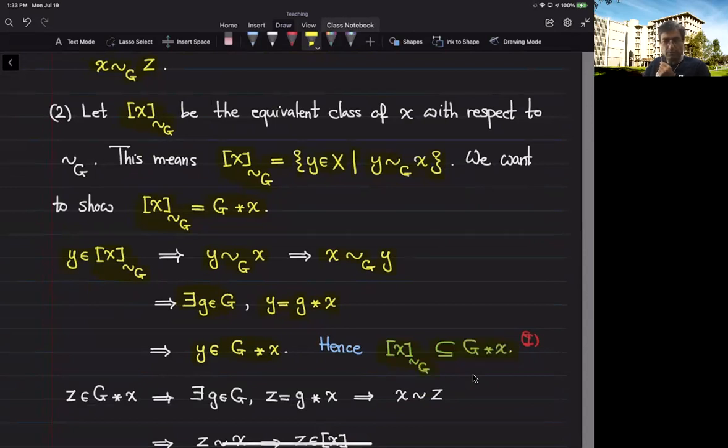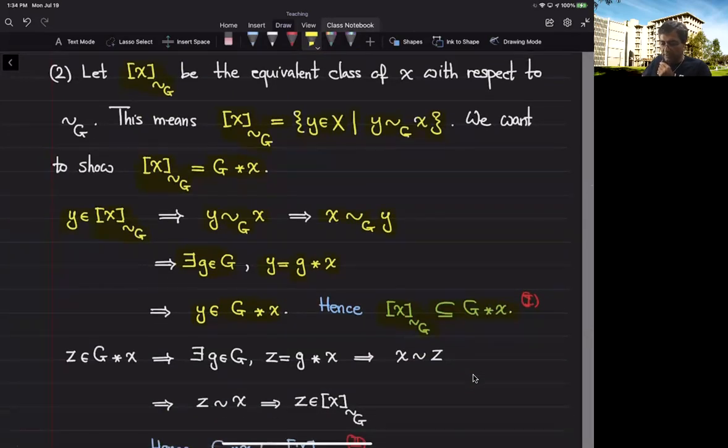Now I want to show the other way around. I pick something inside the G-orbit. Z is some element of the group acting on the point X. Again, let's think about this. What does that mean?